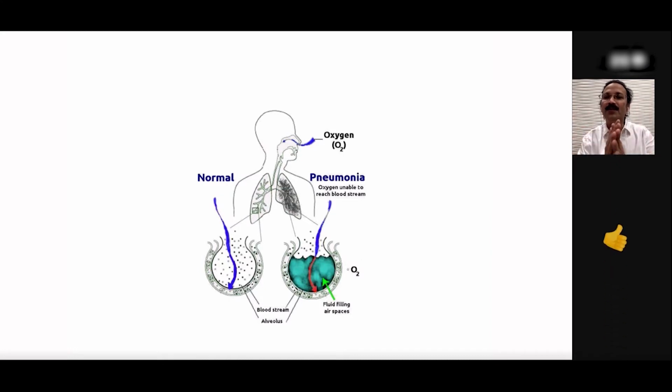Similarly, this alveoli gets congested with mucus, with pus, with neutrophils, with bacteria, with macrophages. So there is a congestion happening in this alveoli, and that stage of inflammation is called the stage of congestion. It's absolutely very logical why it's called a stage of congestion.